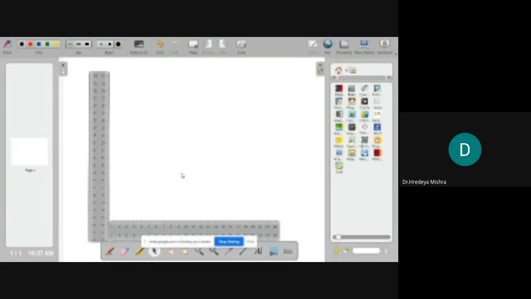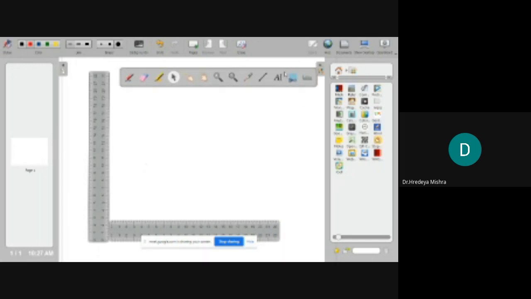Okay. So students, you are able to see there are two scales. One is vertical and one is horizontal. So I will increase the scale here and increase the scale here.